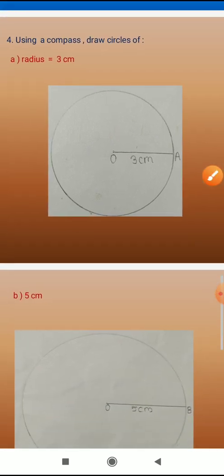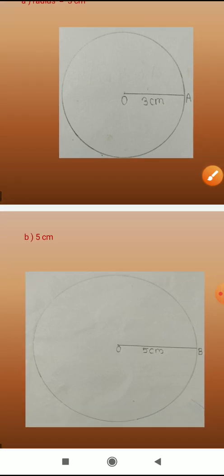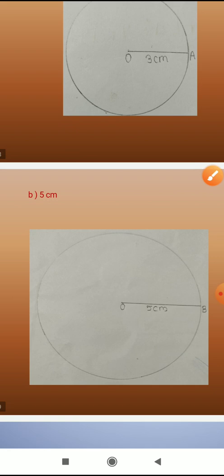Next, using a compass, draw a circle of radius 5 centimeter. So in this figure also, you have to fix a pencil in a compass. Then measure 5 centimeter on the compass using a ruler. Then place the needle of compass and keep it fixed on the paper.